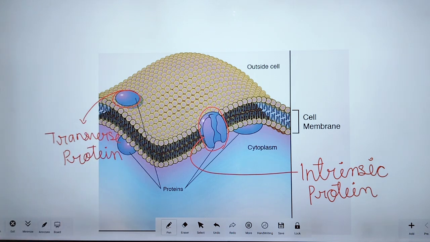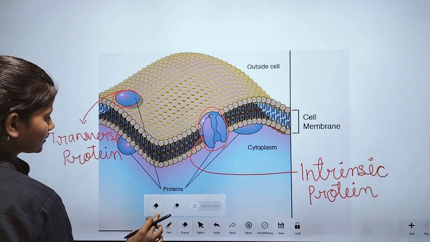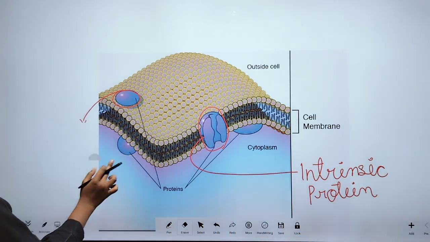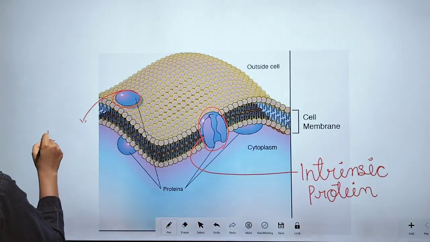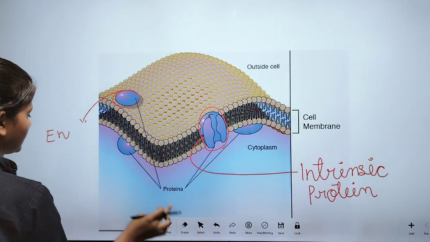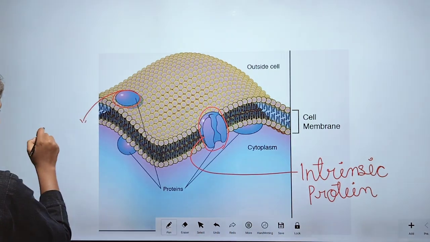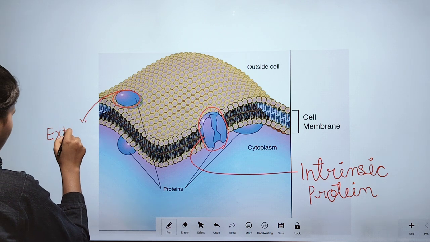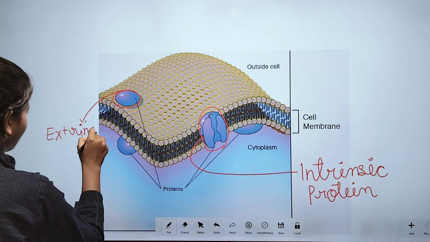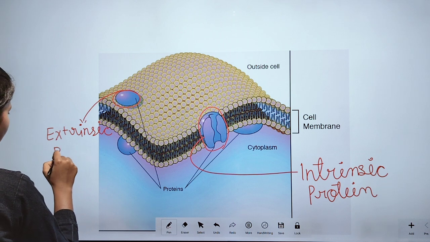Sorry, this protein is known as extrinsic protein.